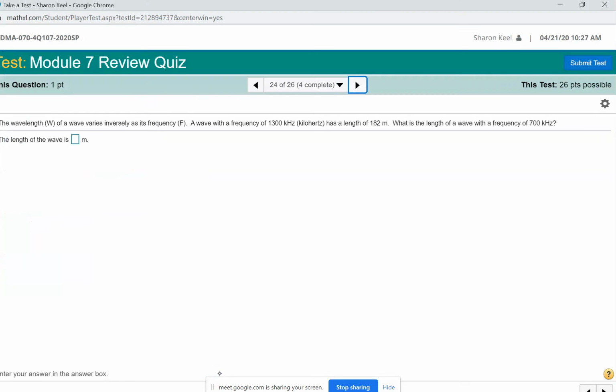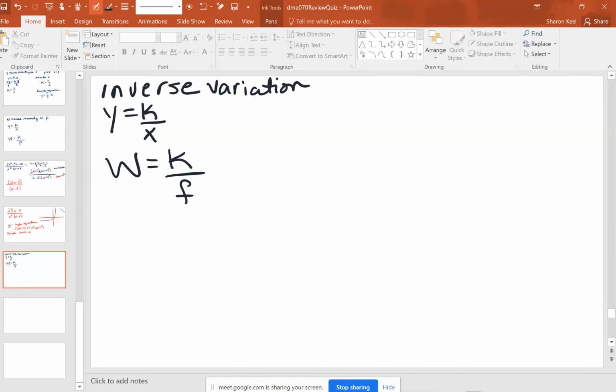The second thing: the wavelength of a wave varies inversely as its frequency, and we wrote the equation. A wave with a frequency of 1300 has a length of 182. The length is the wavelength, so the W is 182 and the frequency is 1300. So we have 182 equals K over 1300.